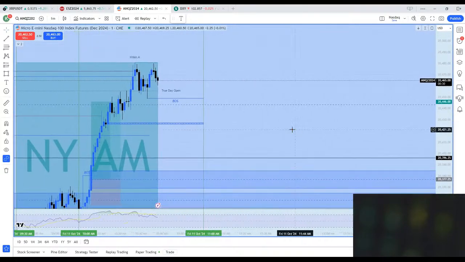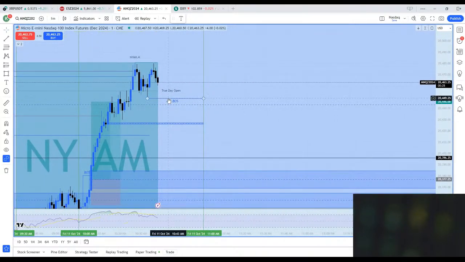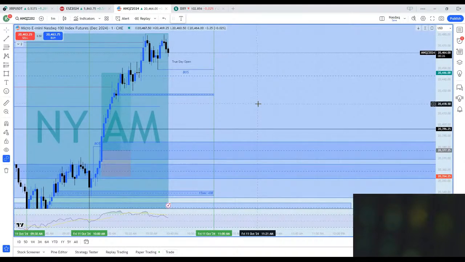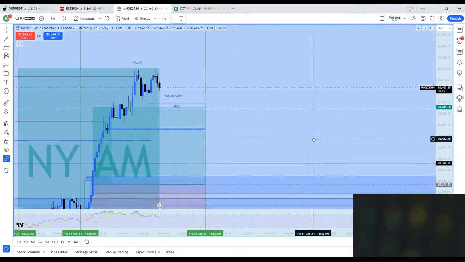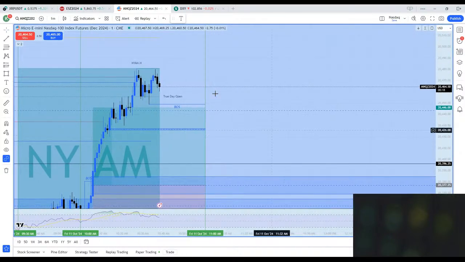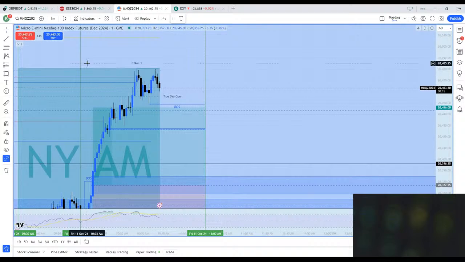And then I would wait for price to come back up into that fair value gap, and I'd enter a short, and it'd be a 3-to-1. But I would expect price to come all the way back down to here. So it's still within the window that I have to trade also.